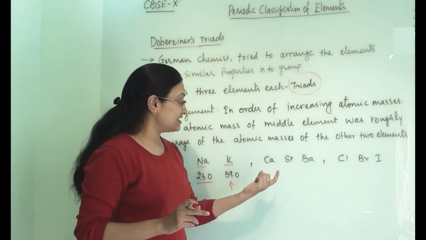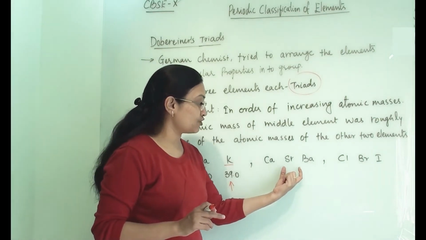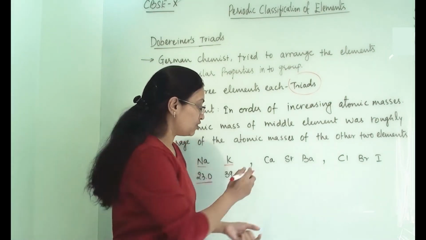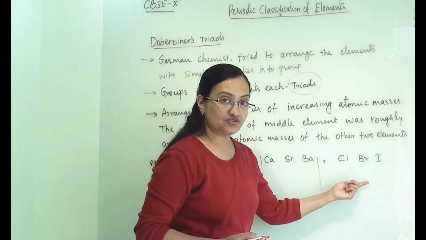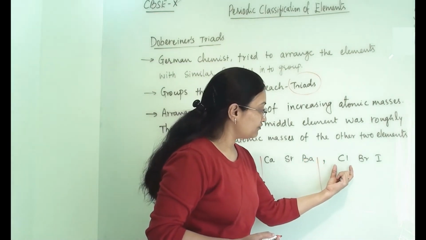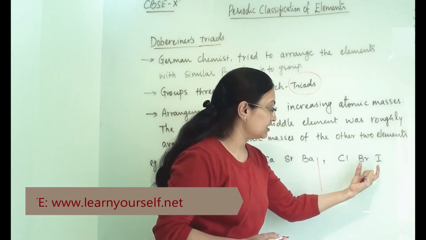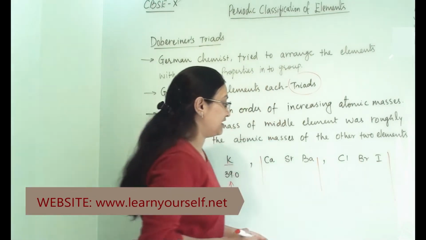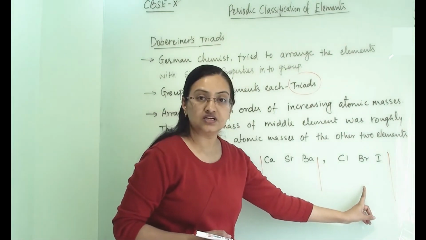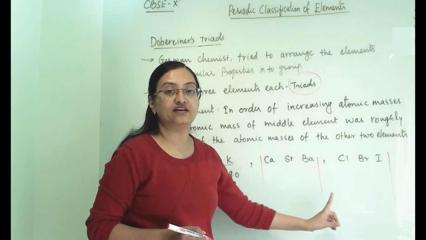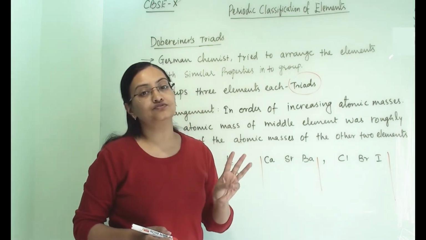Another triad he gave was calcium, strontium and barium. This was the second triad, and the last triad he gave was of chlorine, bromine and iodine. So this was the 3rd triad. In total he arranged 9 elements in 3 triads.